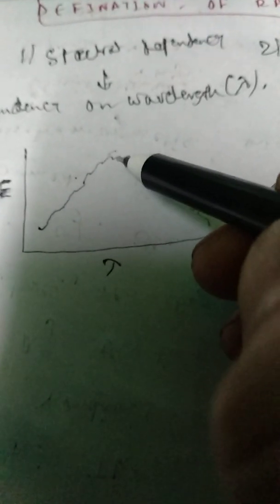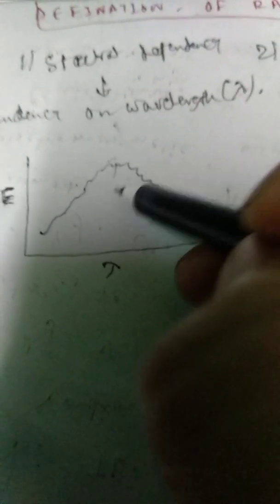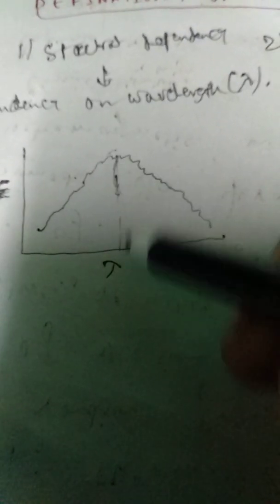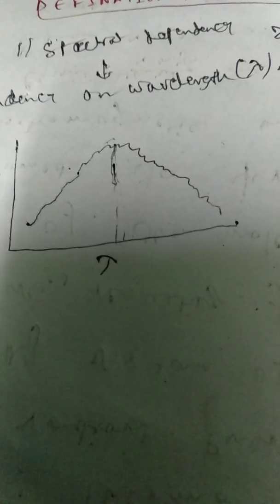This depicts that the emissivity or the emissive flux will be highest for a particular wavelength, and for the other wavelengths the emission will be lower.